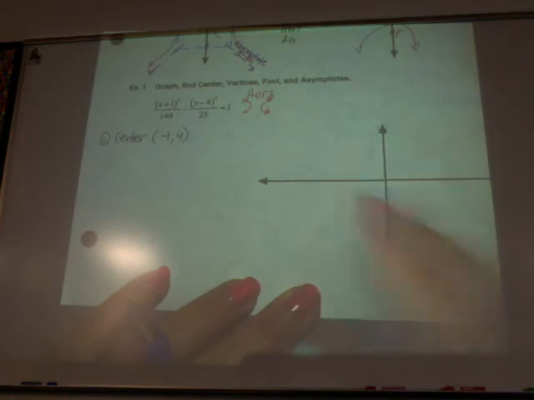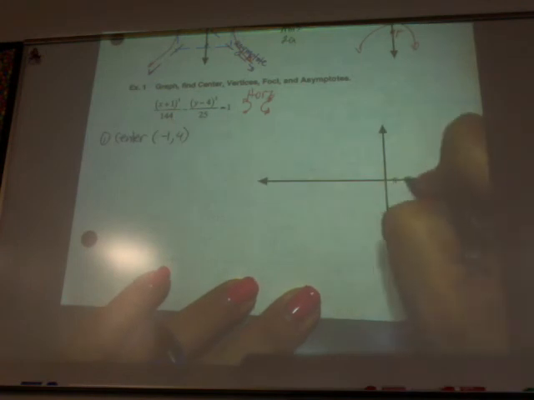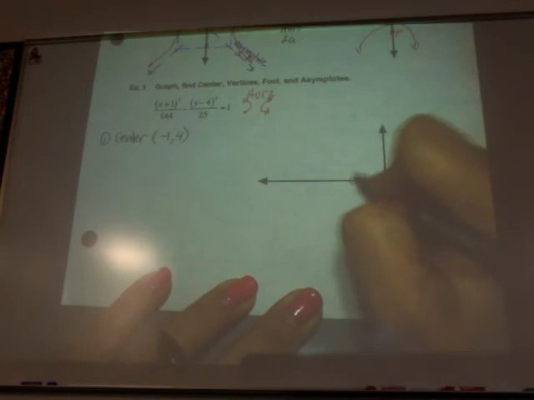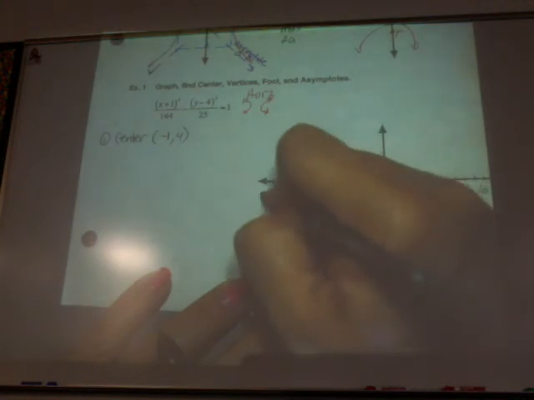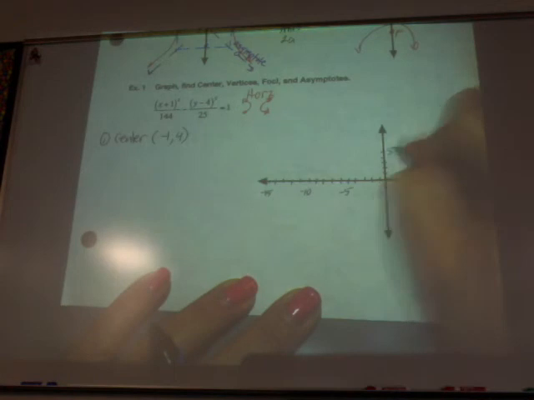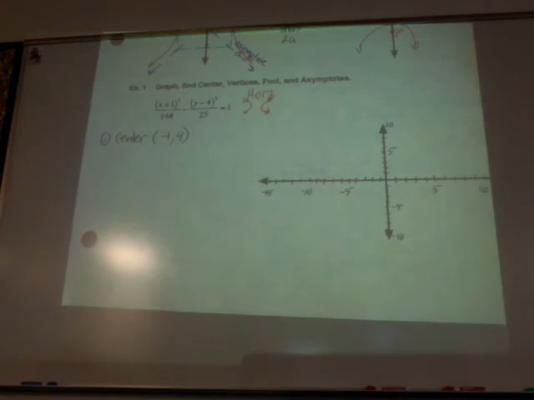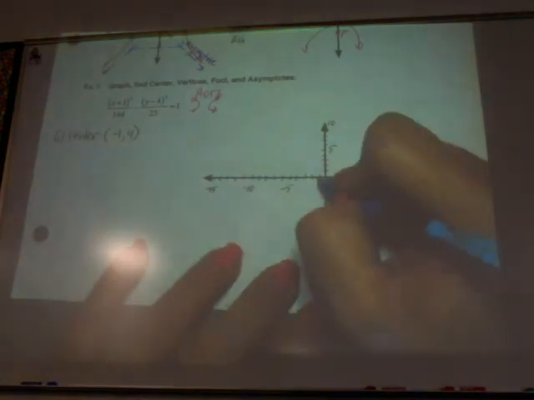The square root of this is 12, so you probably want to go out to 15, right and left, and then up to about 10 on this one. Now we can plot our center of -1, 4.